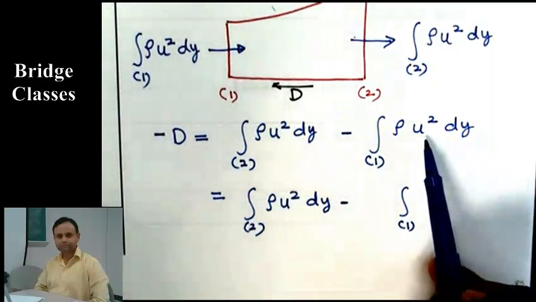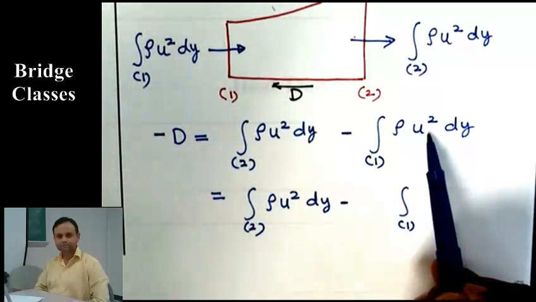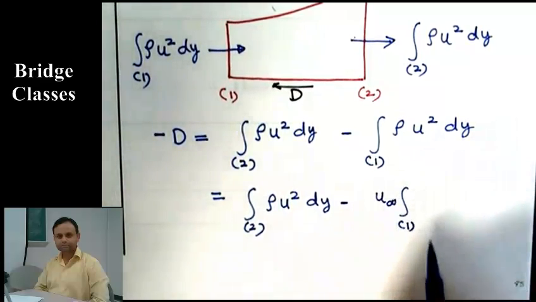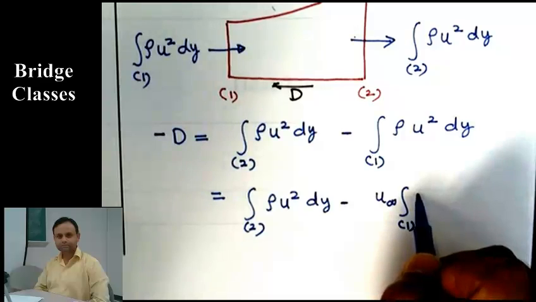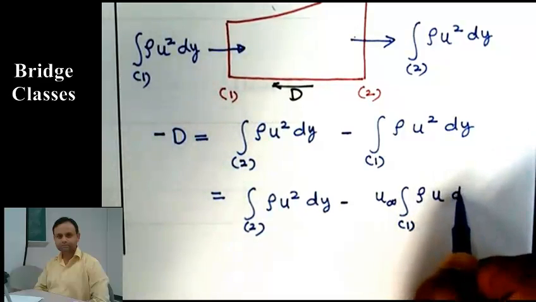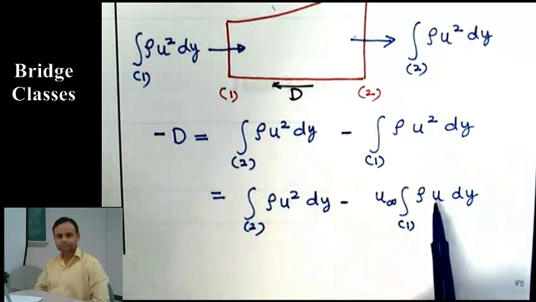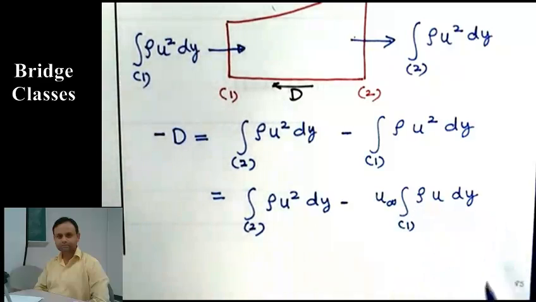See, at section 1, u is the same as u infinity. It is uniform because that is x equals 0. So I can write this as u infinity square, or I can take one u infinity outside, and inside I can write rho u dy, because u square, I can write as u infinity times u.